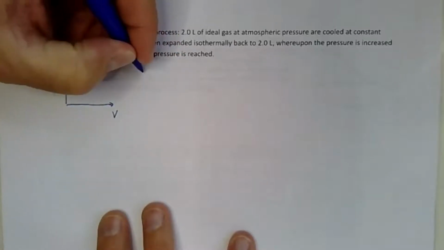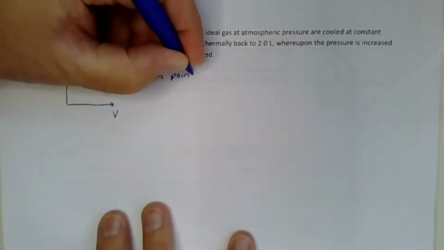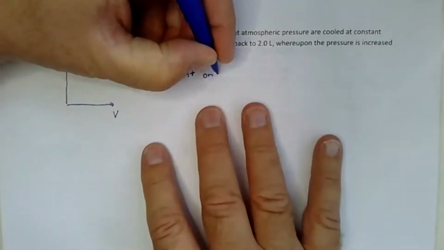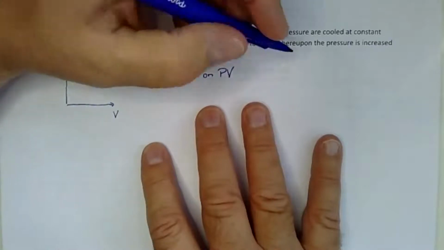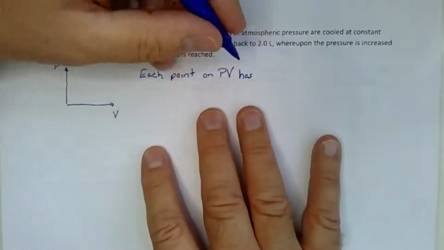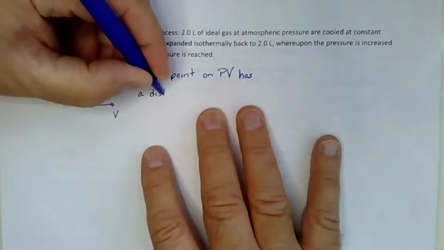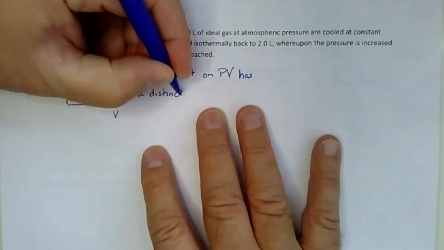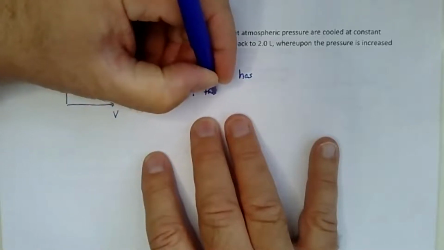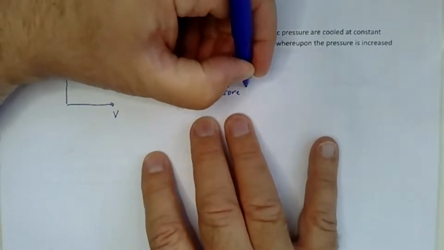So each point on our PV diagram has a distinct temperature. Therefore, internal energy.